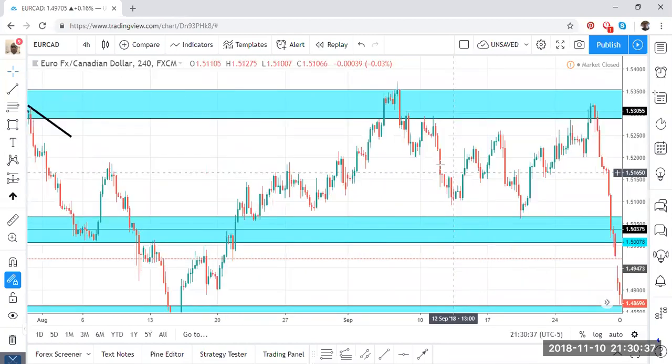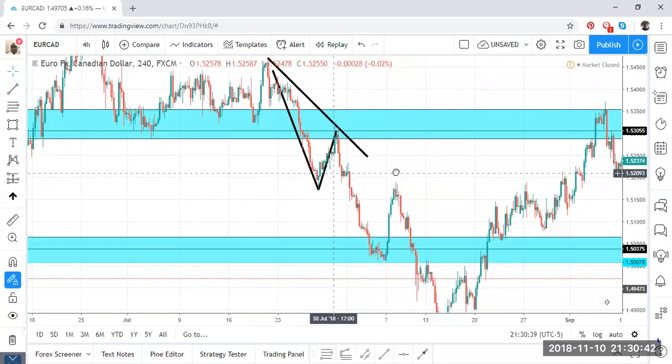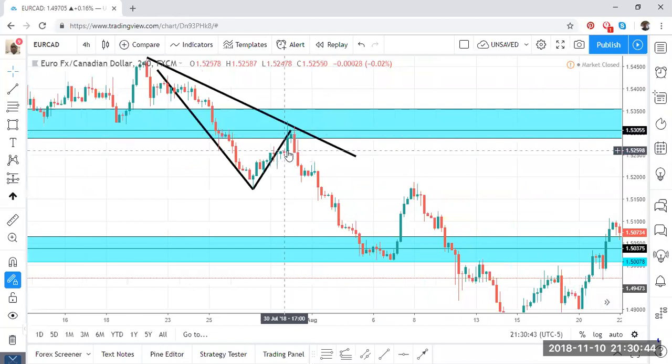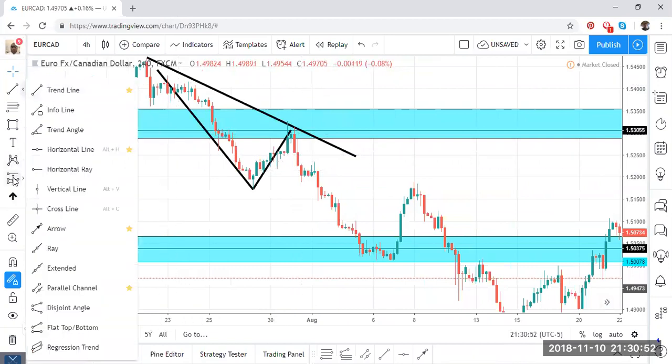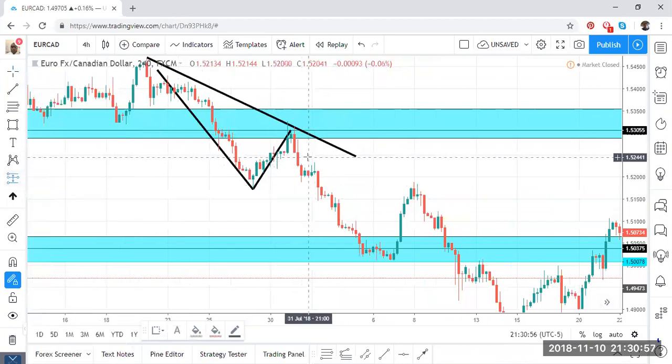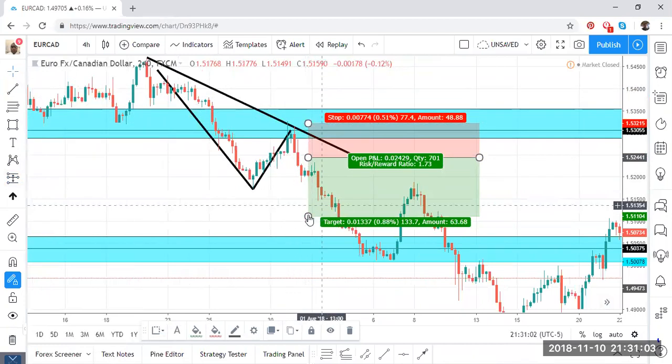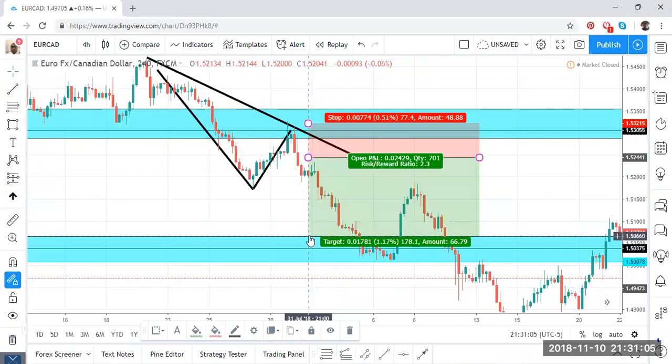Let me look at one of these setups that I find. Okay, so I take this one as an engulfing candle, right? I put some lines down. Short position. I get in here, stop loss there, and I'm shooting for down here, my zone.